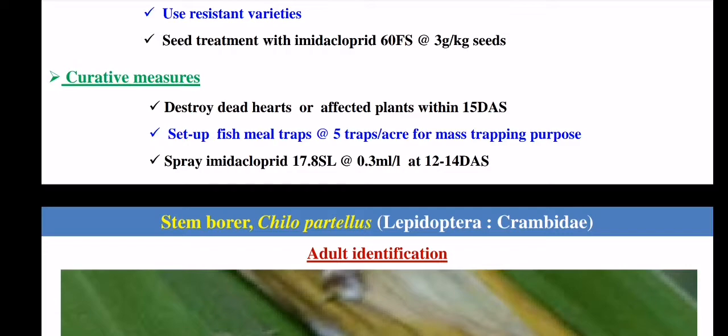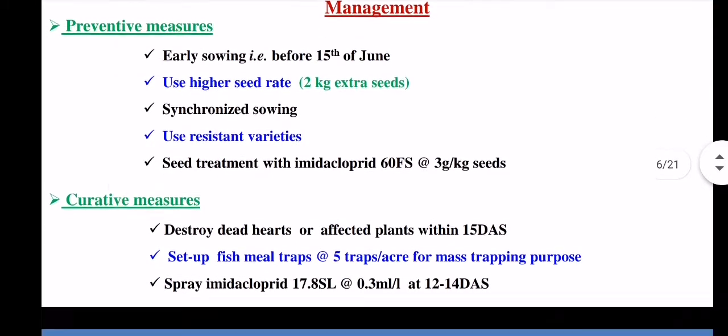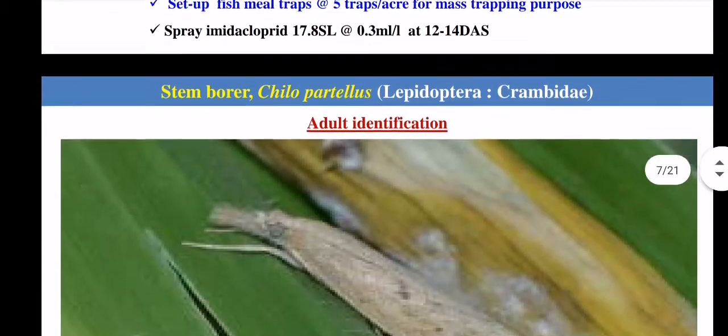Or in the final stage of management, you can apply sprays of chemicals like imidacloprid 17.8 SL at the rate of 0.3 ml per liter at 14 to 15 days after sowing. So these are the different curative and preventive measures to manage this insect pest.